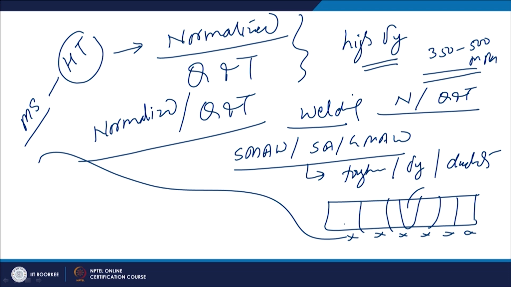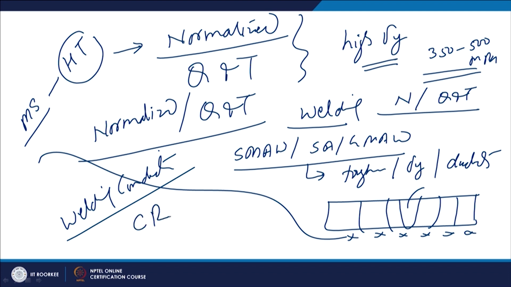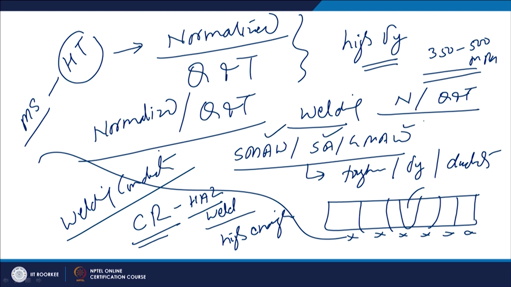So, it is normally easier to perform the welding using standard procedures if an almost acceptable weld is needed in the case of normalized and quenched and tempered steels, because the cooling rate conditions experienced in the heat affected zone as well as in the weld region are high enough when the welding is performed using SMAW, SAW or GMAW.